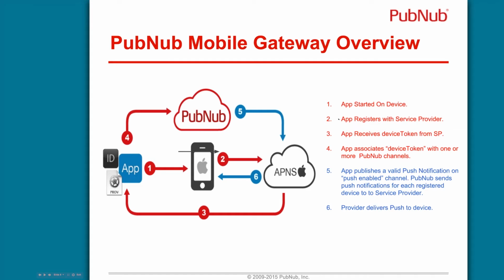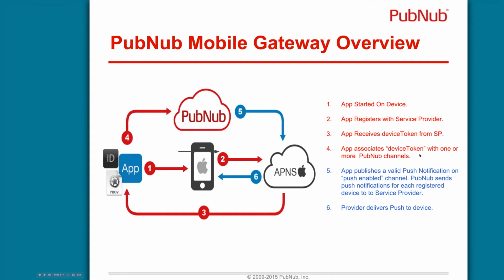And this diagram here is showing you that we have some interactions. Red is the app, and blue is the push gateway. Once the app is started on the device, the application registers with the service provider. You can kind of think of that as the app tagging a translator. The app receives a device token from the service provider because the app is running on the device, knows the device, and says, I want to receive push notifications. The service provider returns a device token.